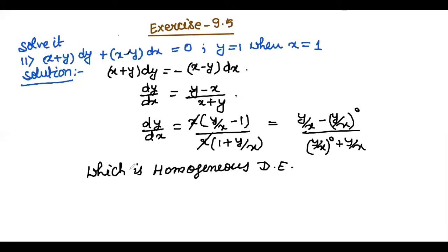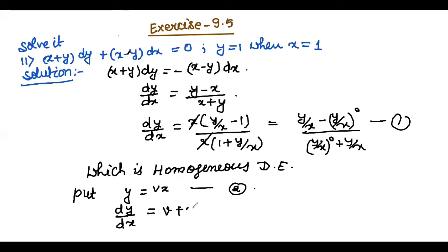Now for solving a homogeneous differential equation, we know we have to use y = vx. I am applying this, calling dy/dx = (y/x − 1)/(1 + y/x) equation 1 and y = vx equation 2. Now differentiating it, we get dy/dx = v + x dv/dx. This is equation 3. Now we have to put equations 2 and 3 in equation 1.